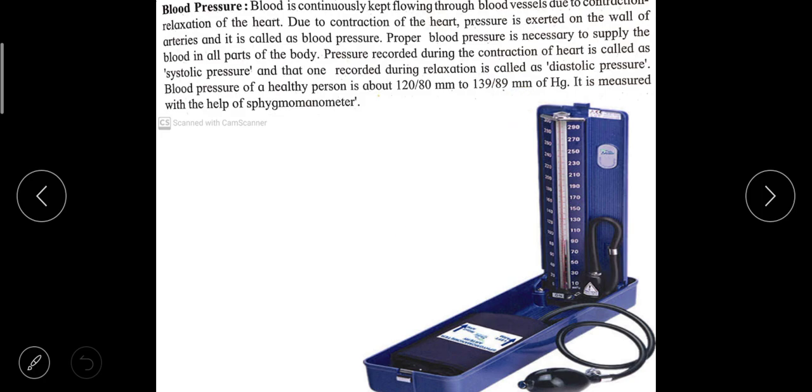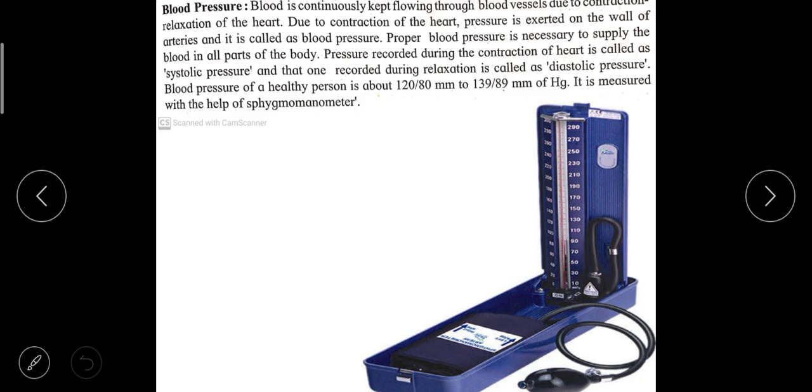Now next is blood pressure. As we know, blood is continuously flowing through our body through the blood vessels, arteries and veins, due to the contraction and relaxation of the heart, that is, the heartbeat. Due to the contraction of the heart, pressure is exerted on the walls of the arteries, and it is known as blood pressure.